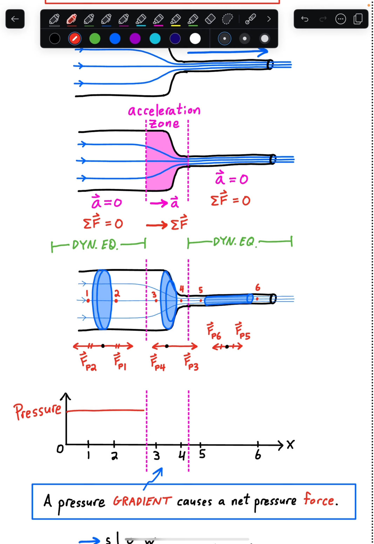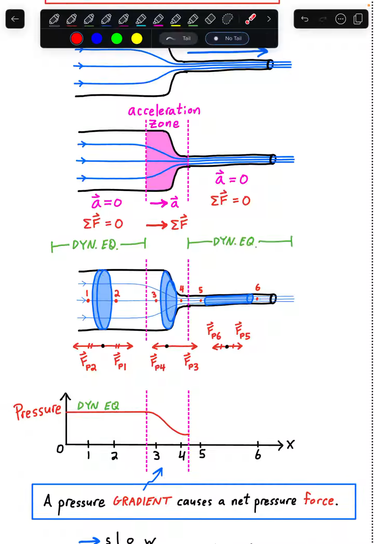We initially have some high pressure in that wide section of pipe where we are in dynamic equilibrium. It's the same pressure at 1 and at 2. But then the pressure at 3 has to be greater than the pressure at 4. So our acceleration zone is marked by a drop in pressure.